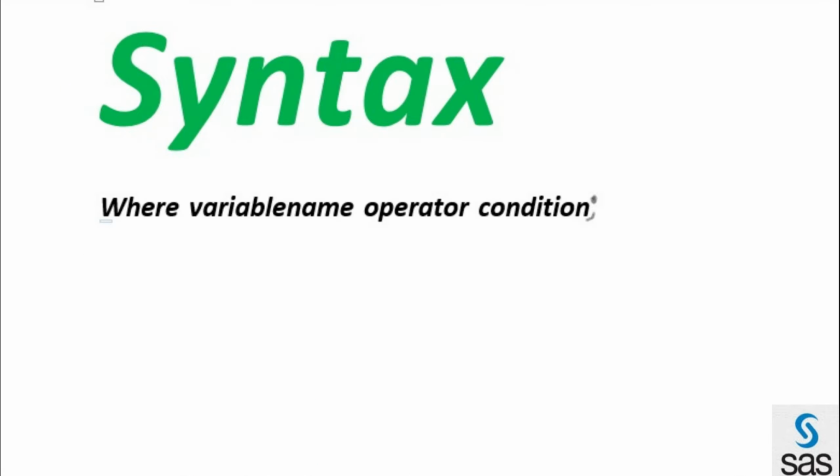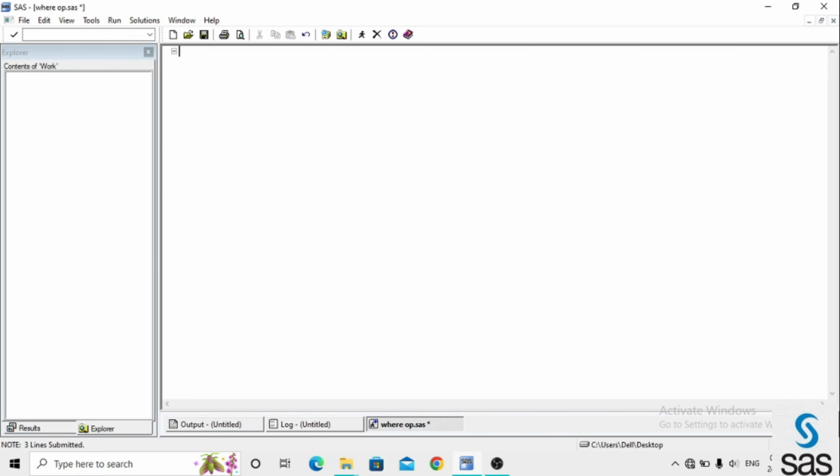Okay, first the syntax is: where variable name operator and condition, semicolon. Before explaining the operators in the WHERE statement, we take one example from the SASHELP.CLASS dataset.